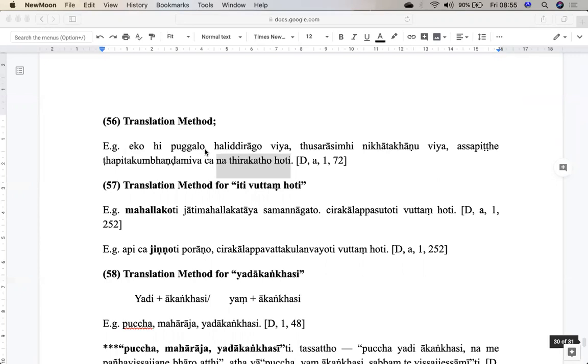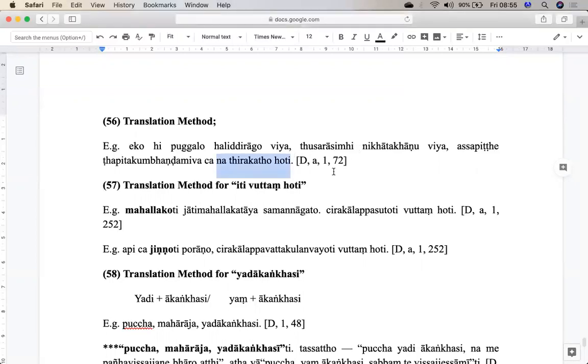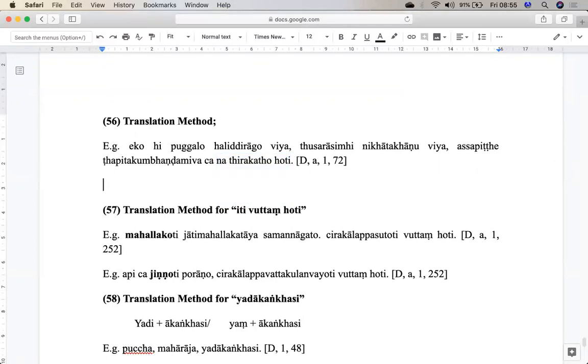Okay, that is the main point. But here with the reason: haledi rago viya, and also tusa rase mi nikada kanu viya. So okay, this one is a contracted sentence. Actually, widely we can understand it. Completely here, haledi rago viya.